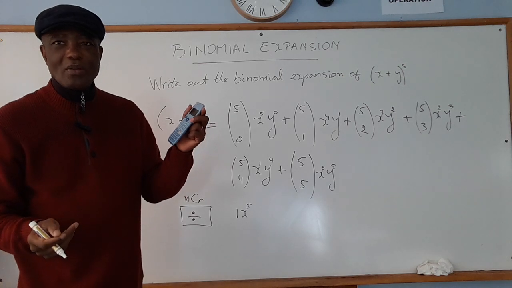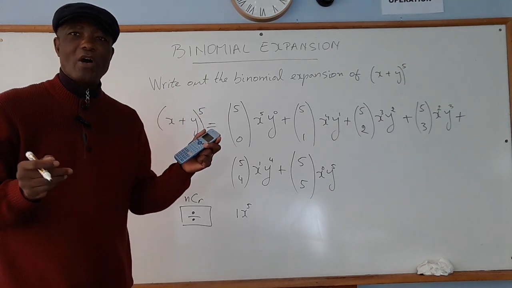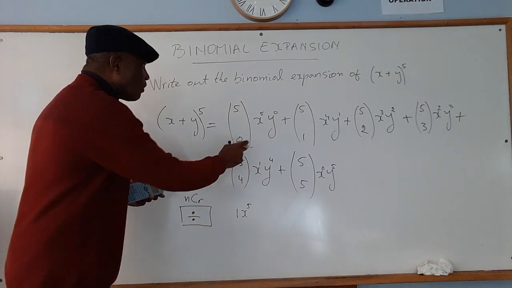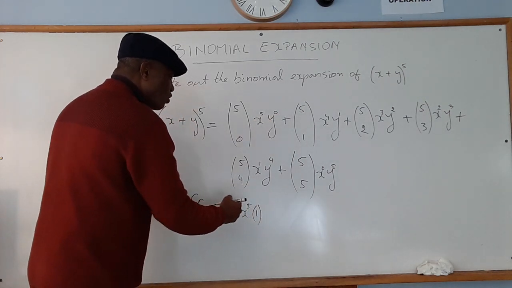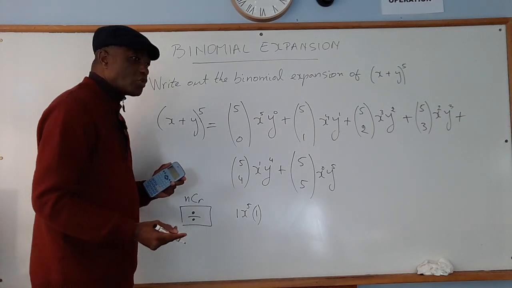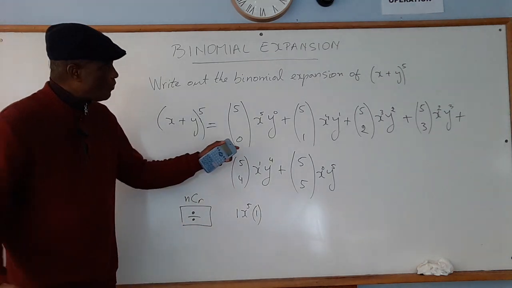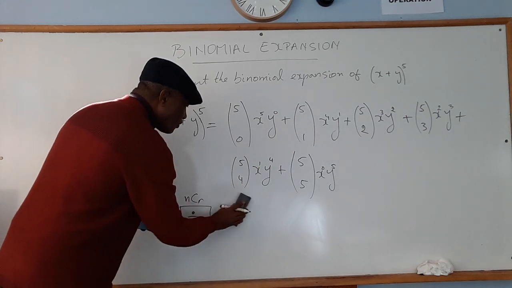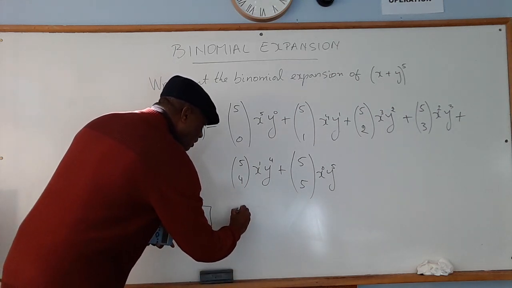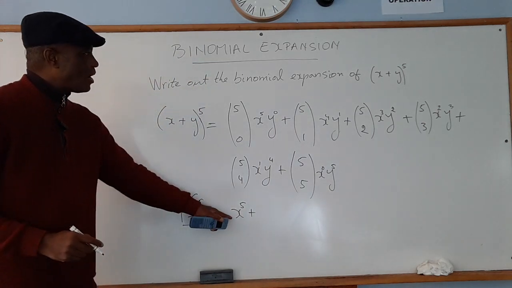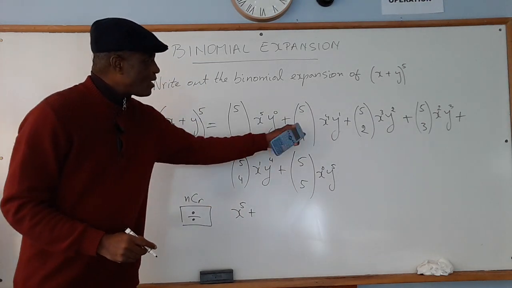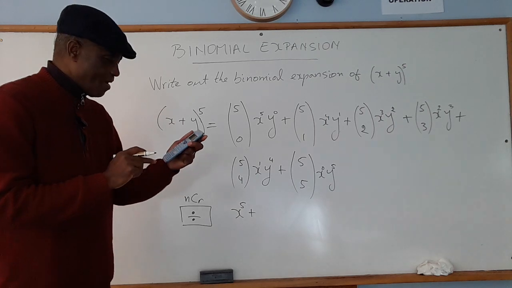Minus 5.6 to the power of 0 is 1. So the y value will give me 1. So for the first term, I'm going to get this. This is the value of the first term. And then I go to get the value of the second term.